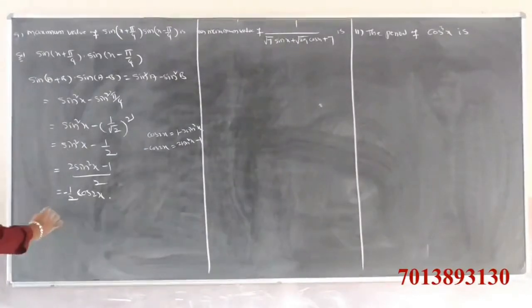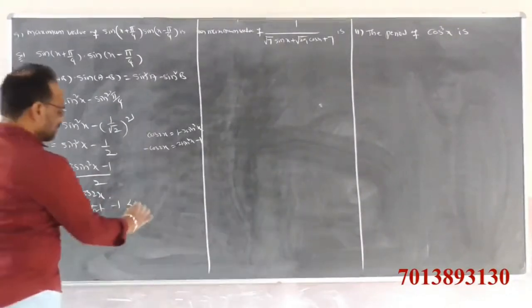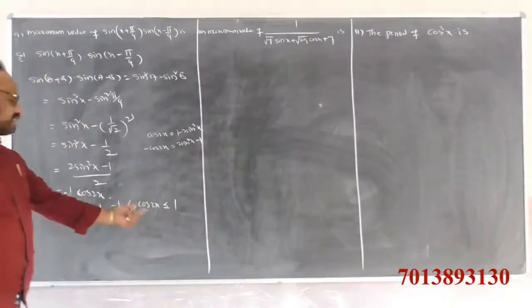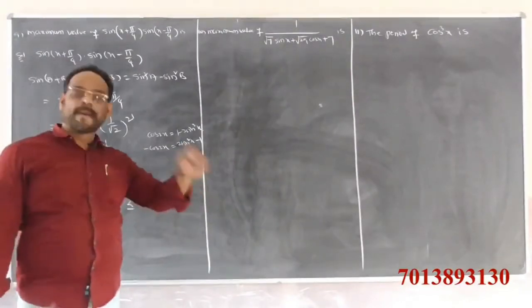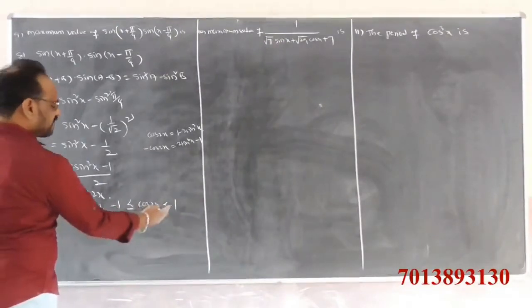We know that the cos function always lies between minus 1 and plus 1, including both. So minus 1 is less than or equal to cos 2x is less than or equal to plus 1.